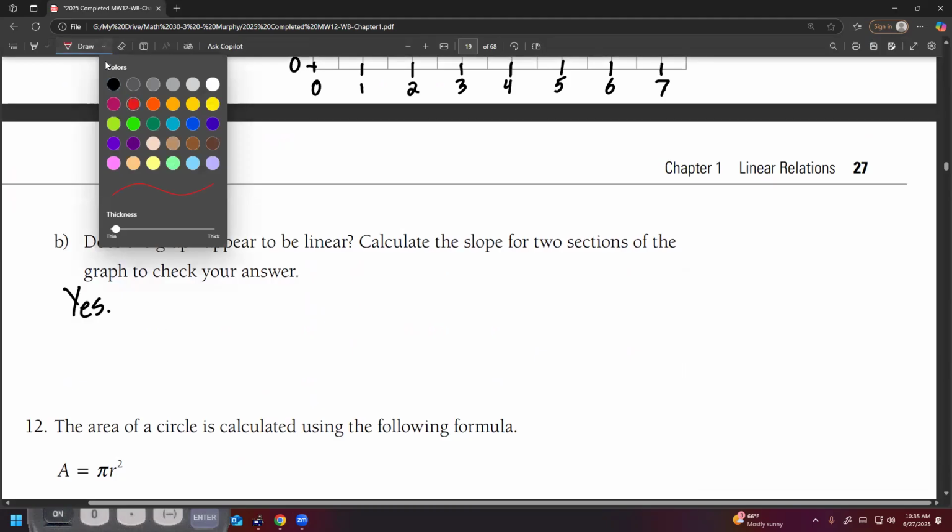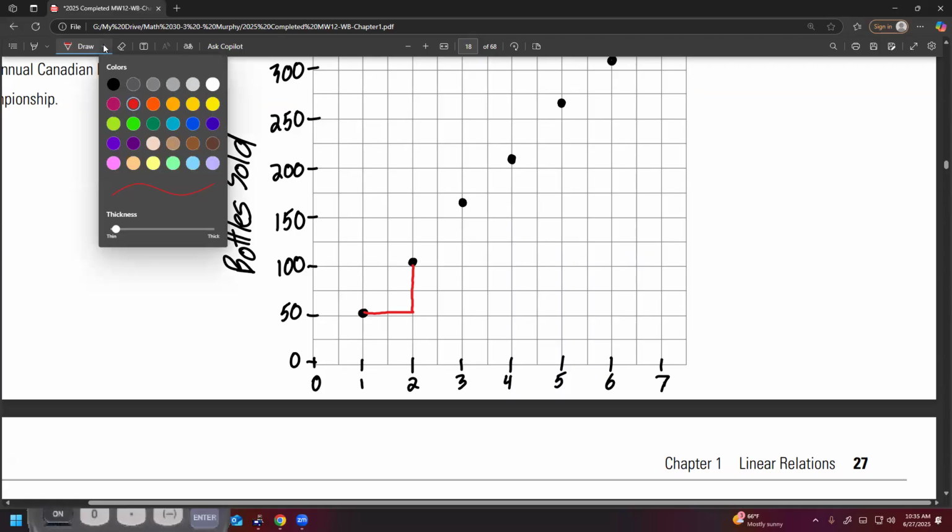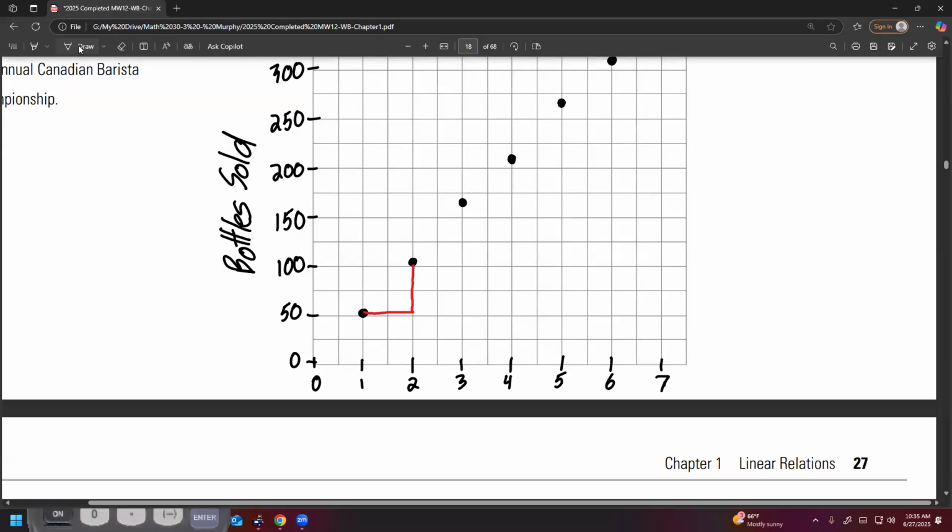Okay, I'll try and make this as simple as possible. I'm going to go with the first one here, run, and my rise. And then my second one, I will do this one here.